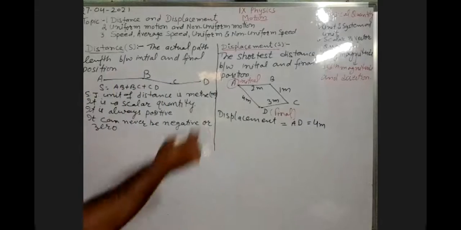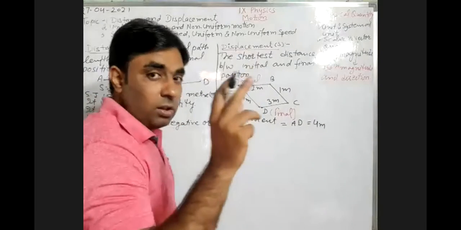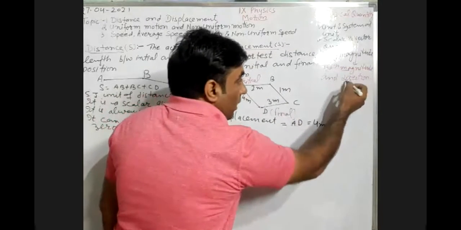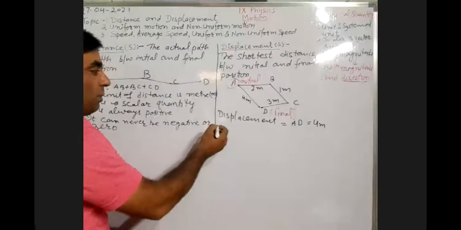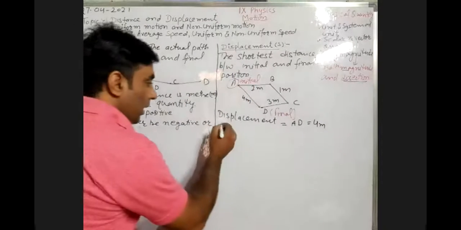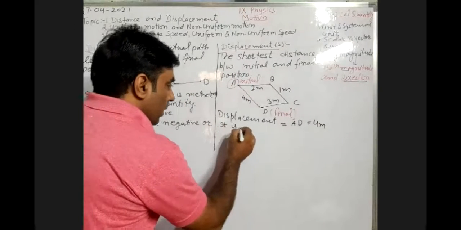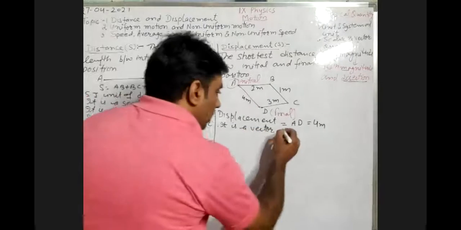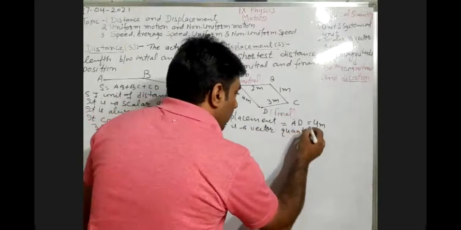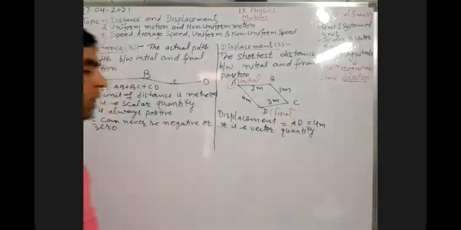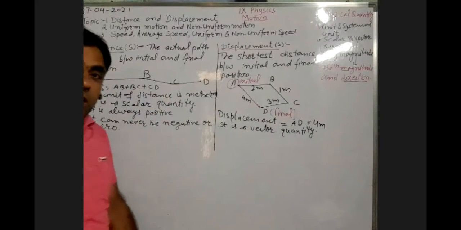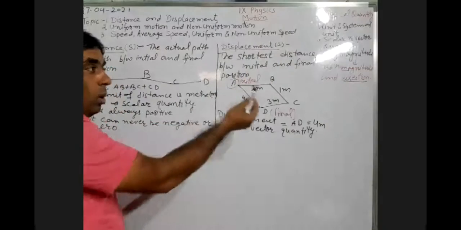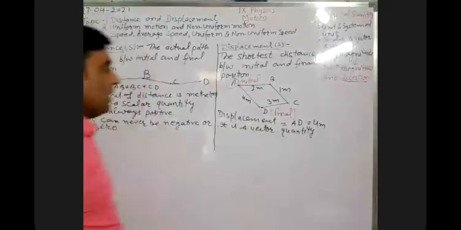So to measure the displacement, we require 2 parameters, one is magnitude and another is direction. So which type of quantity is this? It is a vector quantity. Why is it a vector quantity? Because to measure the displacement, we need both magnitude as well as direction.